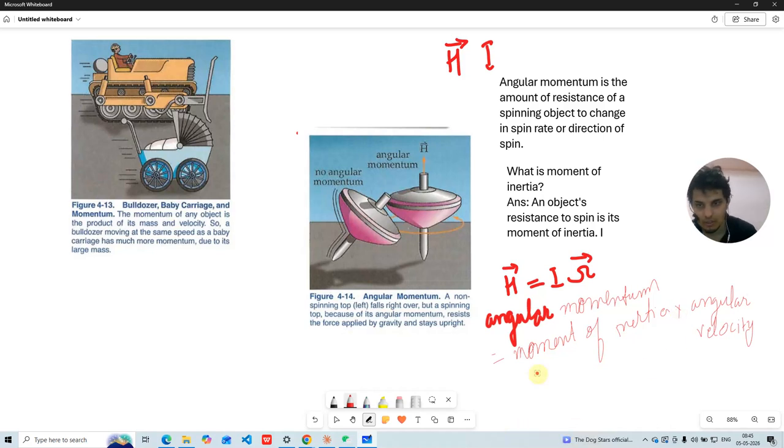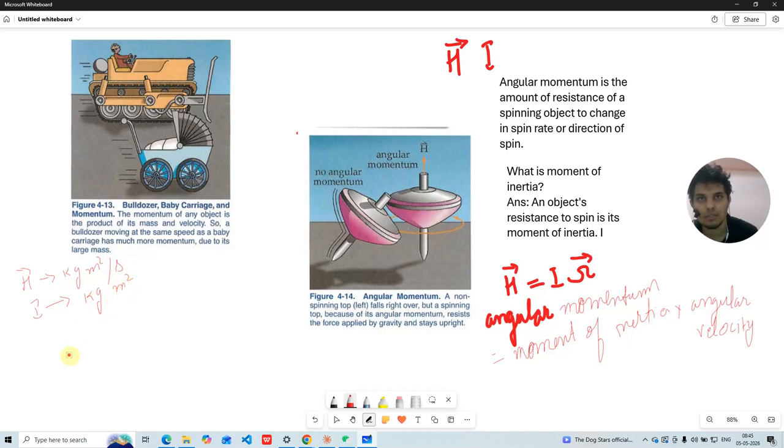So angular momentum, h vector, its unit is kg meter square per second. Inertia is kg meter square.